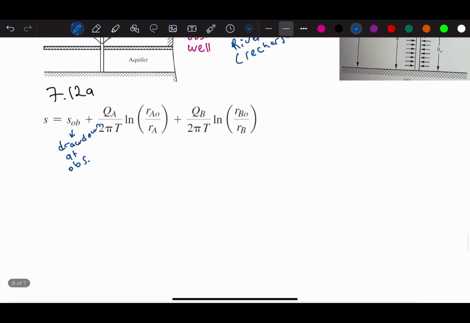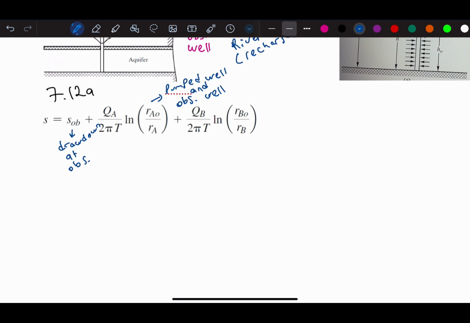So we have 2 pi T, and we have ln. Here we have RAO. It is the distance between pumped well and observation well.